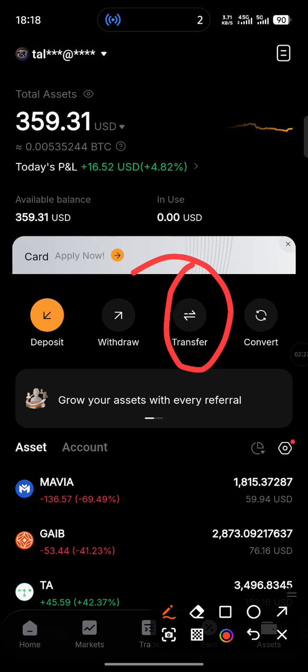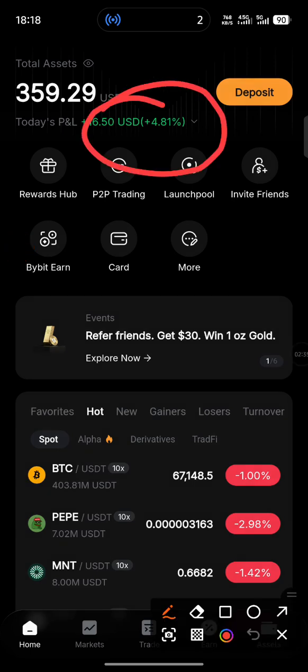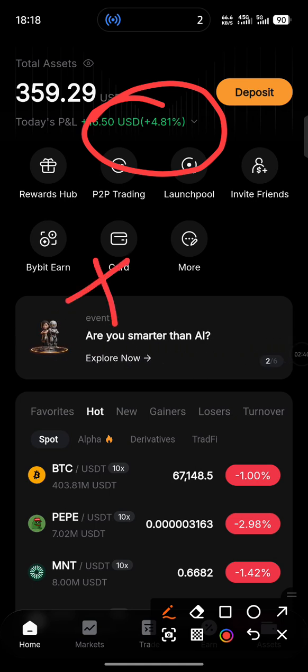In the unified trading account, that is where you can actually start trading. Once you get involved in trading, look at this place carefully. If you see it green here, positive, you are gaining profit, meaning the market is moving in your favor.